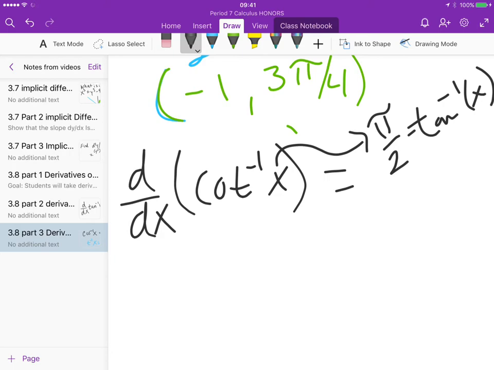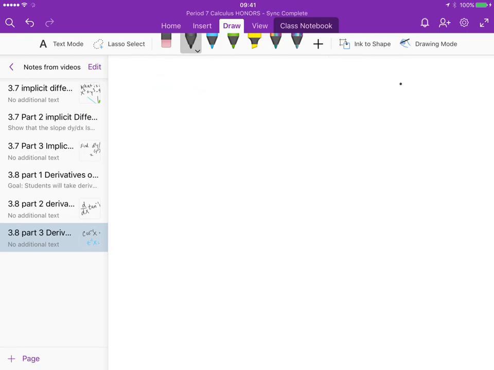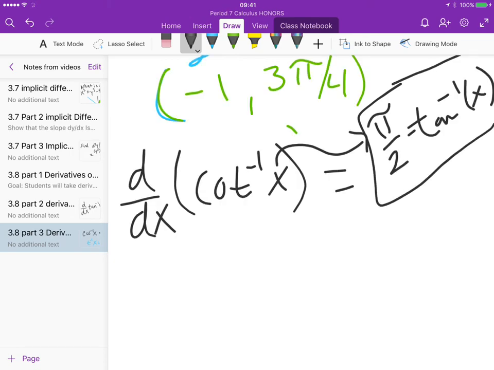So I have tangent inverse of x, and we know that's 1 over 1 plus x squared. We just learned that in the last couple of videos. And so now it's just taking the whole derivative of this entire function. So really, I'm taking d/dx of pi halves minus tangent inverse of x. Well, the derivative of pi halves is 0 because it's a constant. Don't think it's pi, because remember, pi is not a variable. Pi is a number.